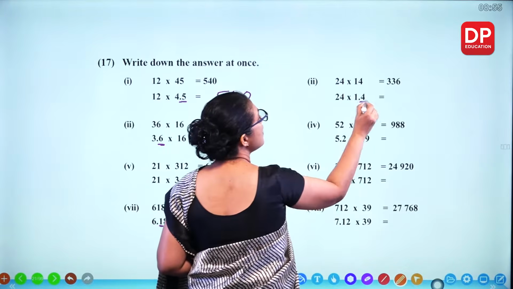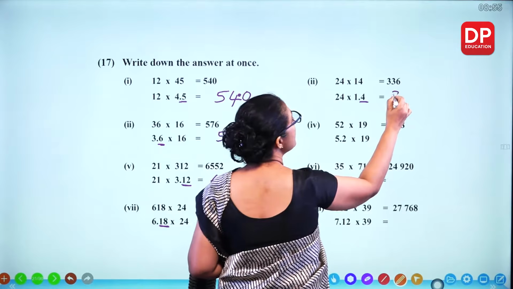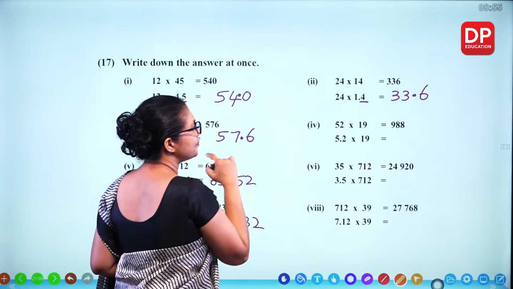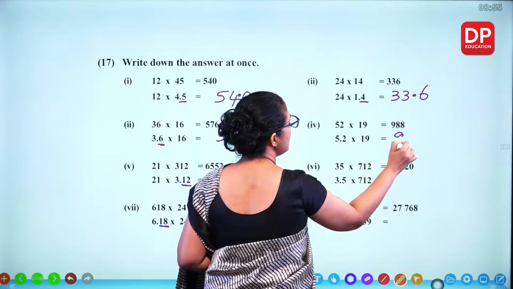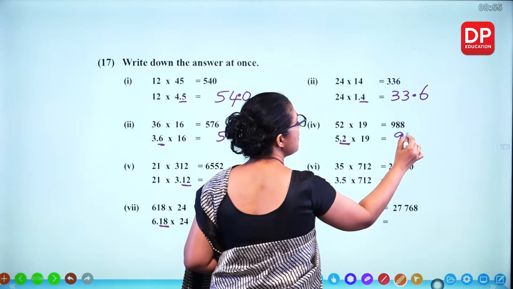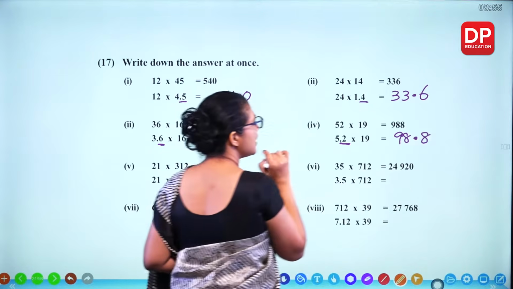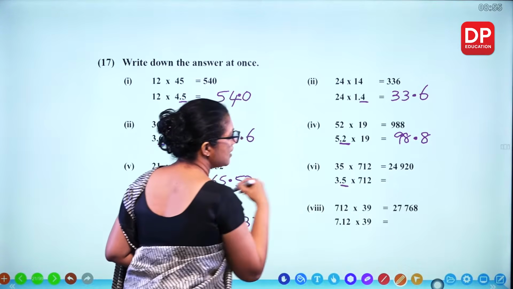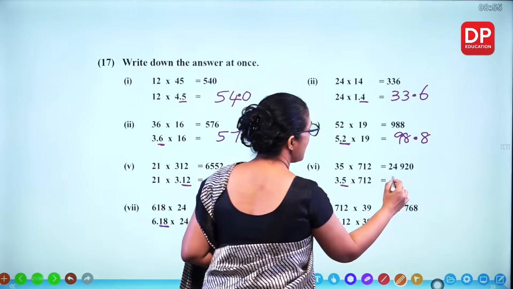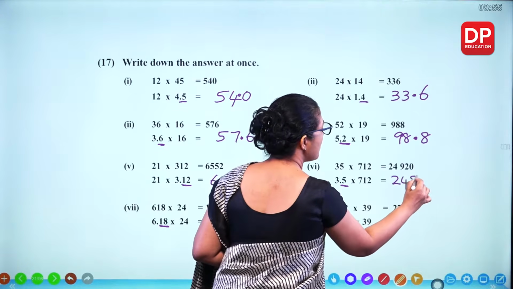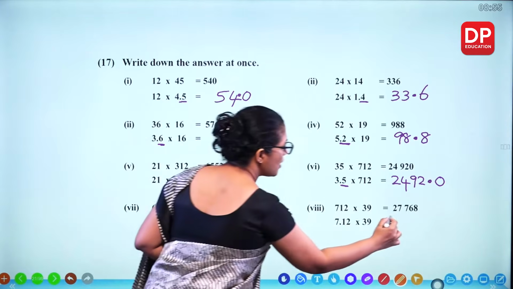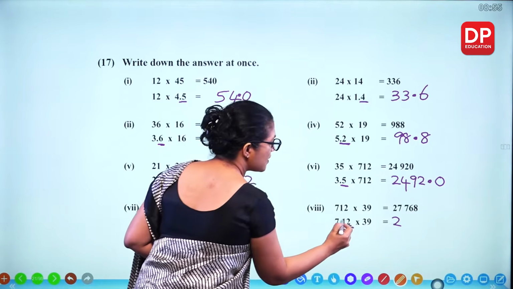So here if this is 1.4, keep one decimal place. 33.6. This one decimal place you have to keep, 98.8. Same multiplication, but here one decimal place is there. So you have to keep one decimal place. This one, two decimal places you have to keep.